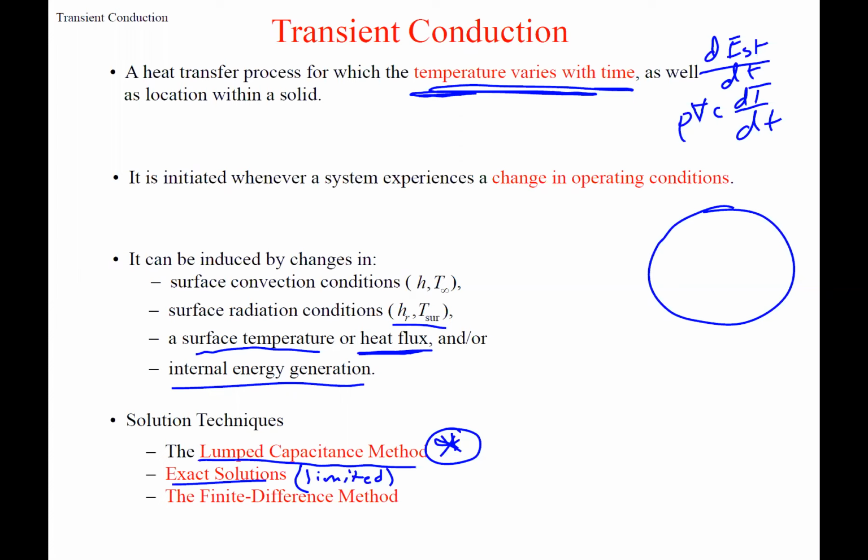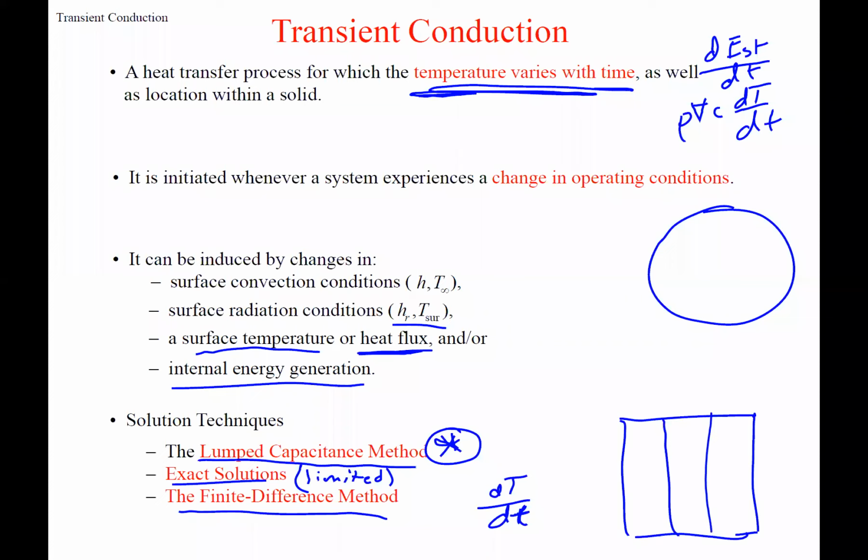The other way, a very popular way these days, is the finite difference method. Anytime you have this dT/dt, you have a numerical approximation for that change in temperature versus change in time. In finite difference, you might grid something, as you might do in an FEA class, which you might not have had yet.